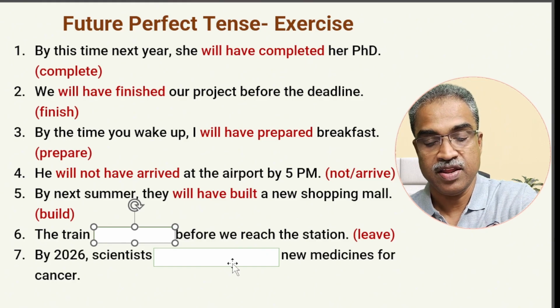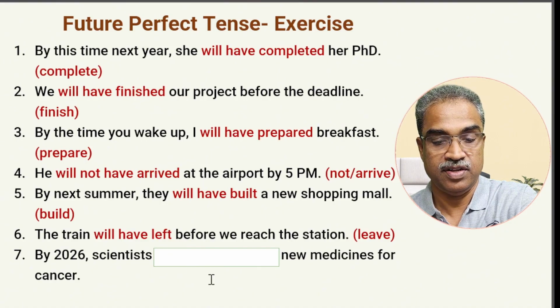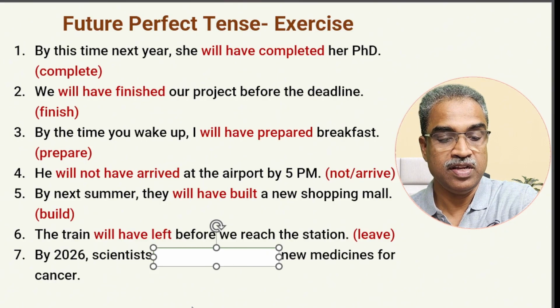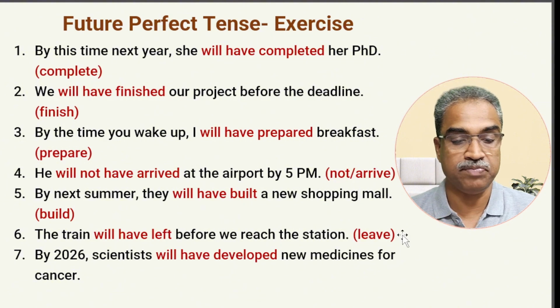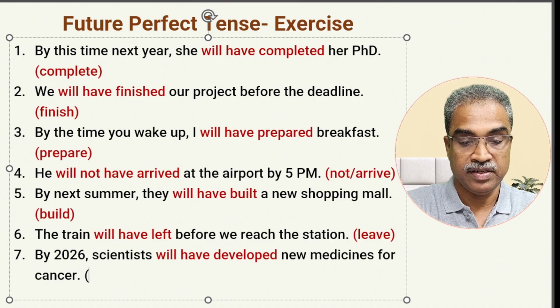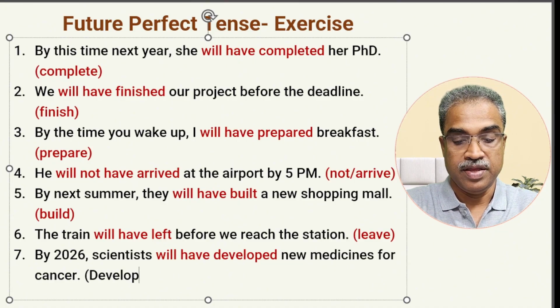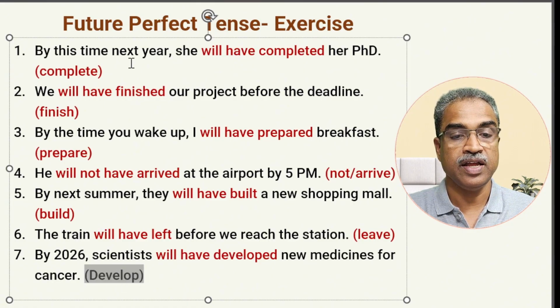The train will have left. Okay. By 2026, scientists dash new medicines for cancer. Scientists will have developed. Developed is the one here. I did not write that. Developed. Yes. Now I'm sure it's very clear to you how this is all being worked out here.